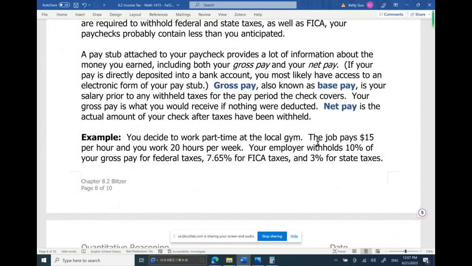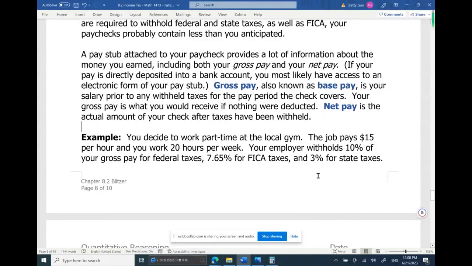If your pay is directly deposited into a bank, you most likely have access to an electronic form of your pay stub.